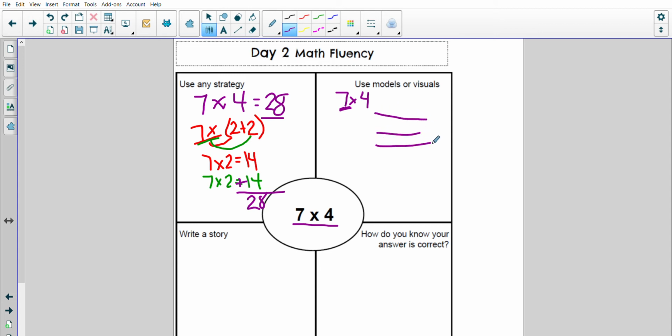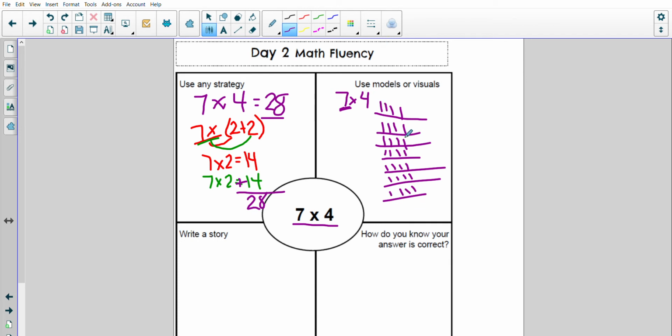1, 2, 3, 4, 5, 6, 7. I want 4 in each row. So 1, 2, 3, 4. 1, 2, 3, 4. 1, 2, 3, 4.